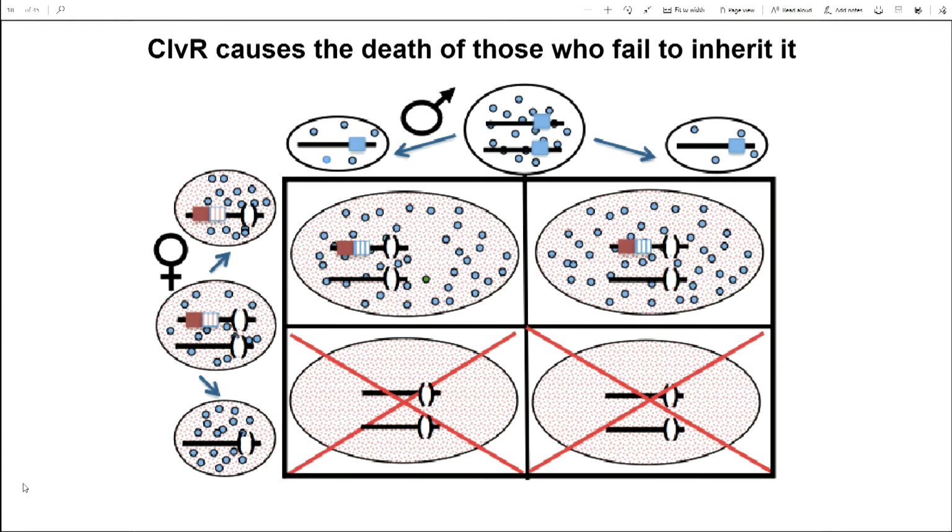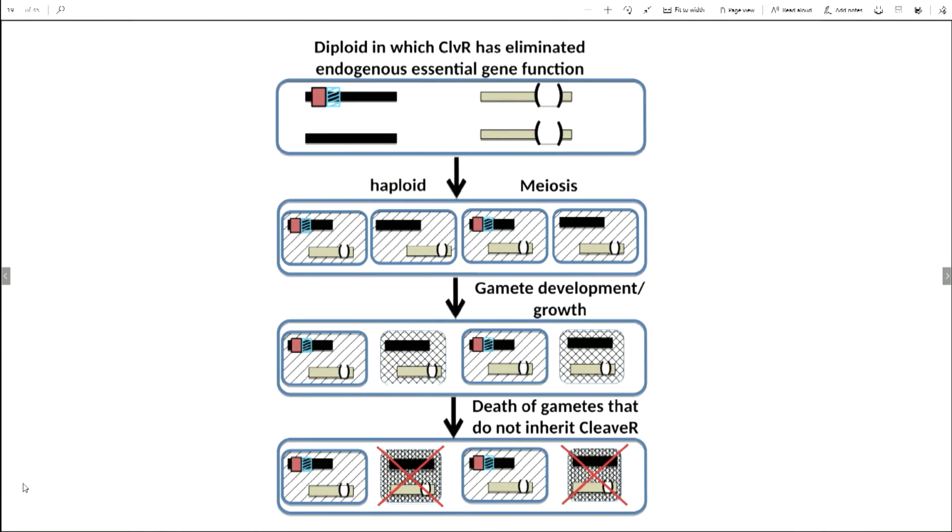Now, this works in animals because gametes don't do transcriptional work, right? The transcription occurs in the diploid stage, and then the components are simply shared with the haploid stages. But there are a lot of organisms like yeasts and plants where gametogenesis actually requires a lot of gene expression during the haploid stage.